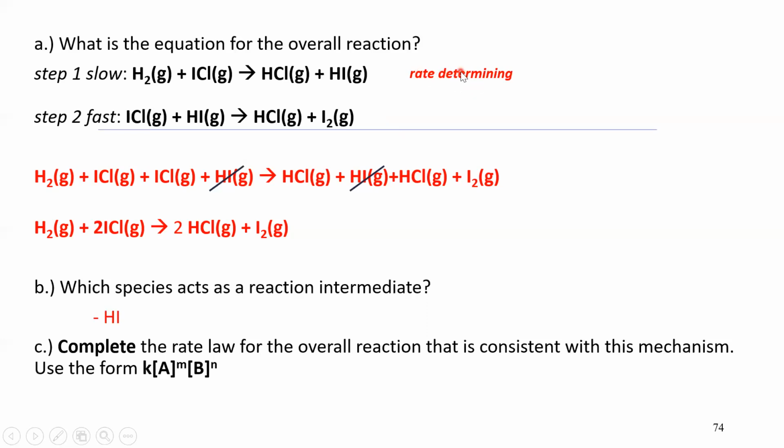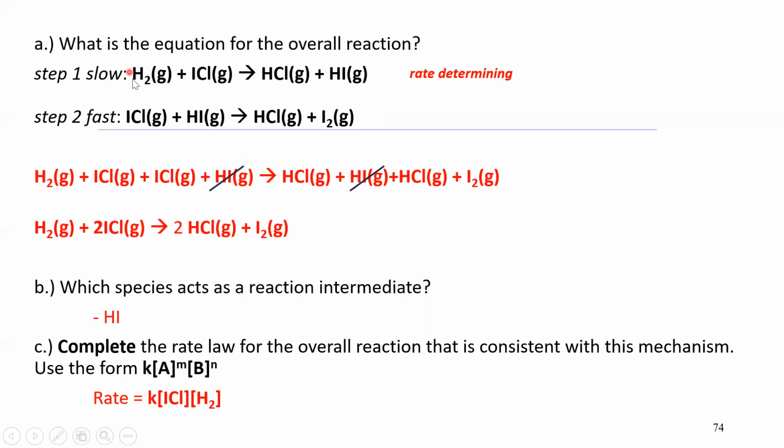Since this is our rate determining step, the slow step, our rate expression, our rate law will be k times the concentration of ICl times the concentration of hydrogen. Doesn't matter that the order here is backwards from the order here. It doesn't matter what order we put them in.